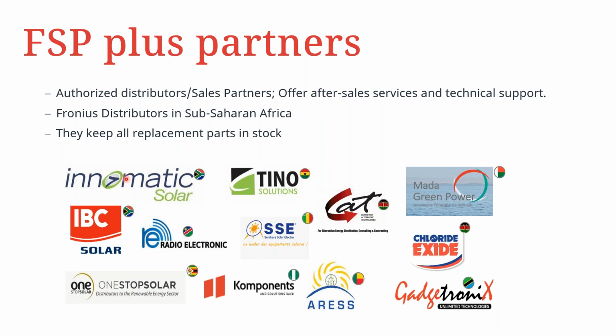If you're in South Africa, we have Inomatic and IBC Solar. In Kenya, we have CAT as well as Chloride Exide. In Ghana, Tino Solutions. In Nigeria, Components. And in Tanzania, Gadgetronics.